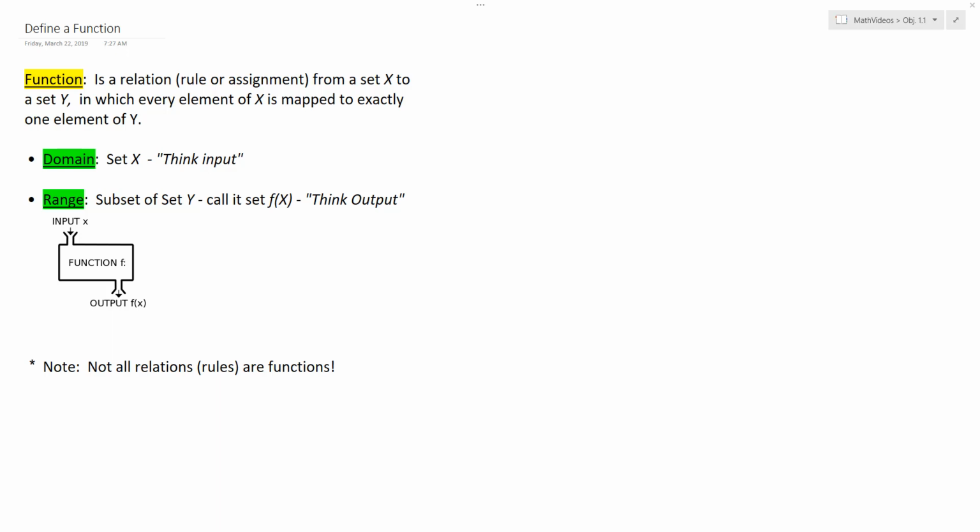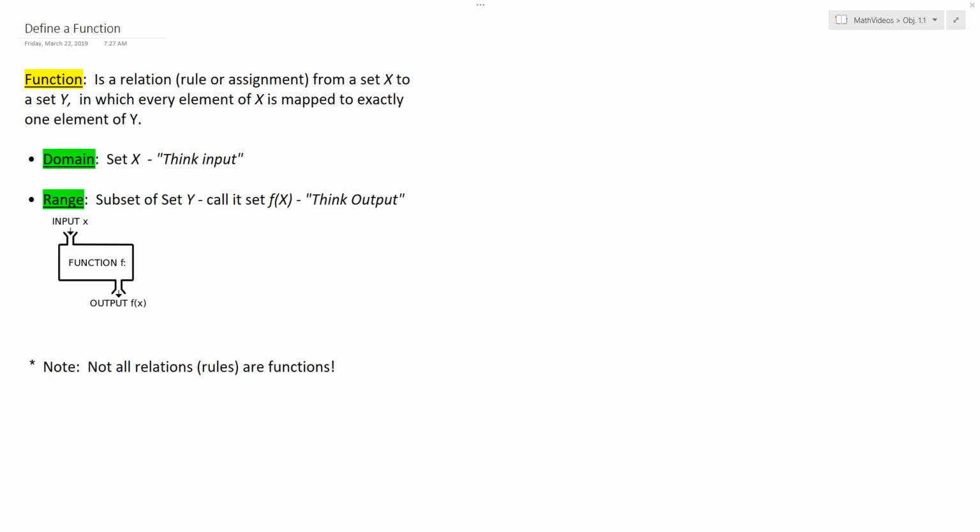So you start with an element from your set X or your domain. That is your input, and then it goes into, you can kind of think of it as like the function machine, and then there's this rule that spits out a result or an output, which is your y values or your range values. Think f of x.